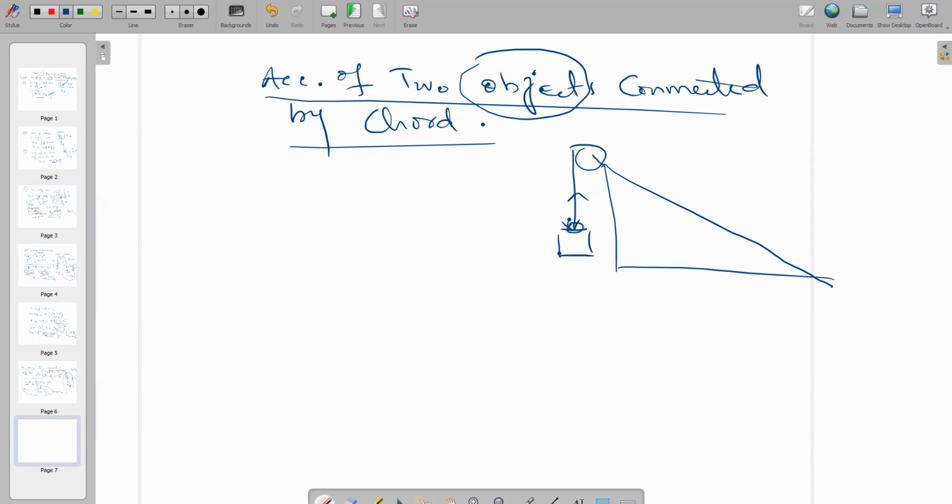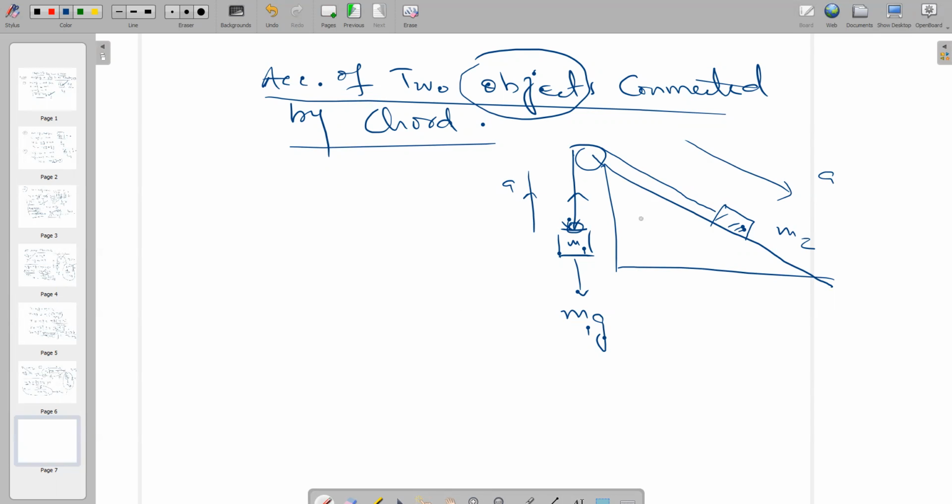The tension will be up, and this is M1, and this is M1G. The other side of this string is like this, and it is connected with this body, and this is M2. Suppose this body is moving down and this is moving up.